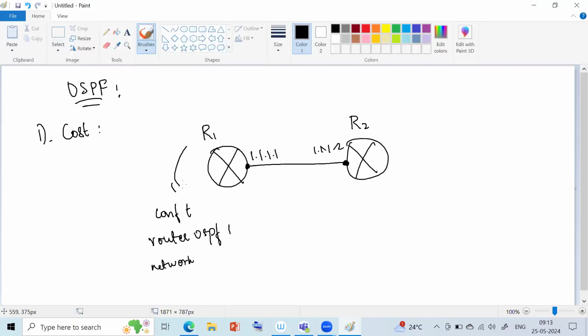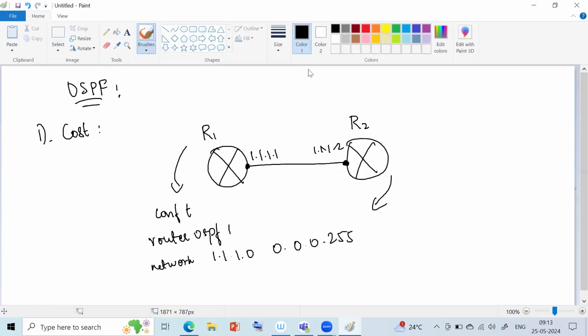First, I'm doing this on R1. Network 1.1.1.0 0.0.0.255, which is a wildcard mask. And you would have advertised this particular network. Same goes with this router also, but I would advertise the same 1.0 network.